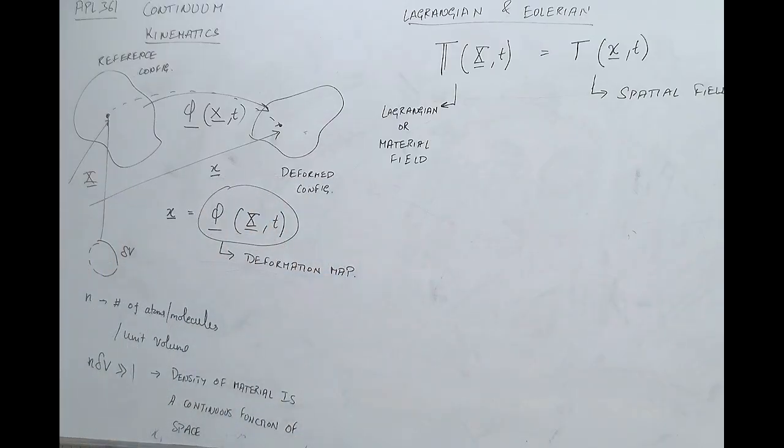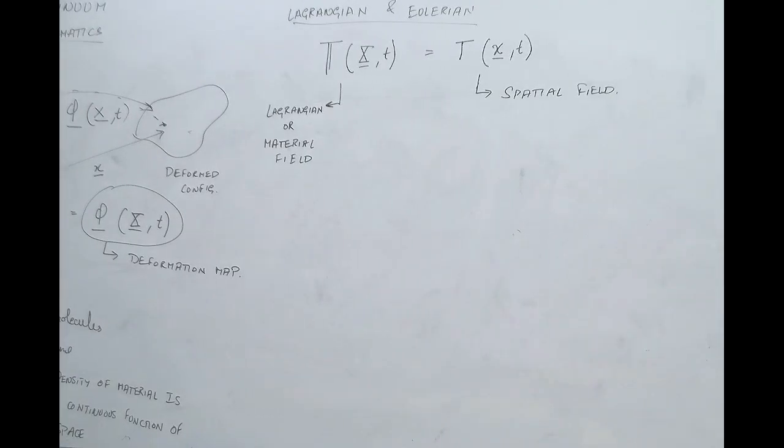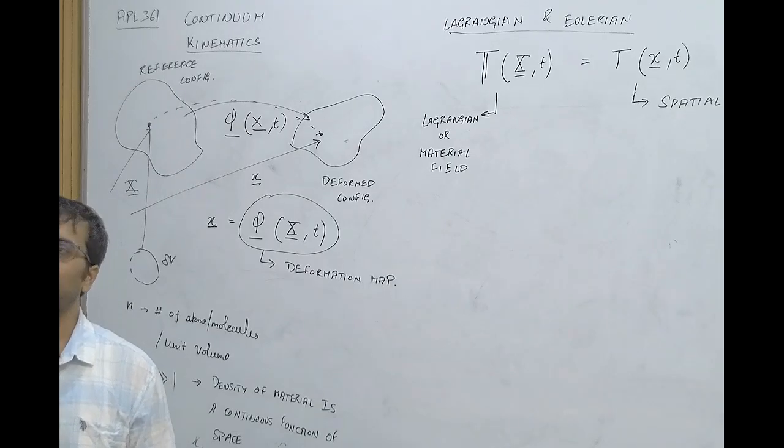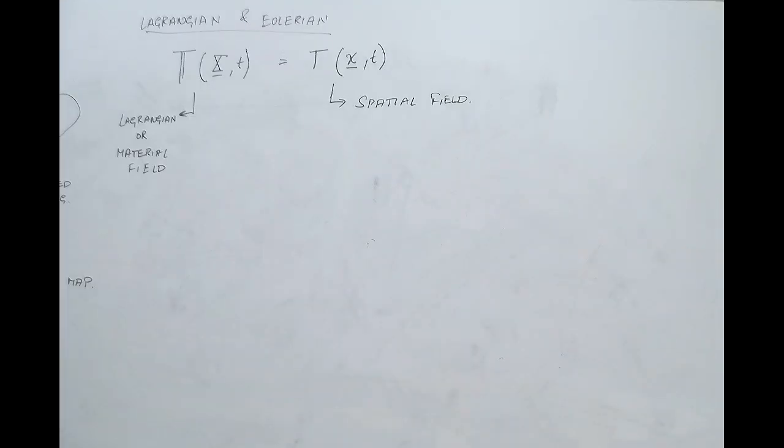The first one you can read as the temperature of the material particle that you have tagged while the body is moving, the temperature of that particular material particle which you are following. The second one is the spatial location: you are looking at the temperature of whatever particle comes at that spatial location at time t.